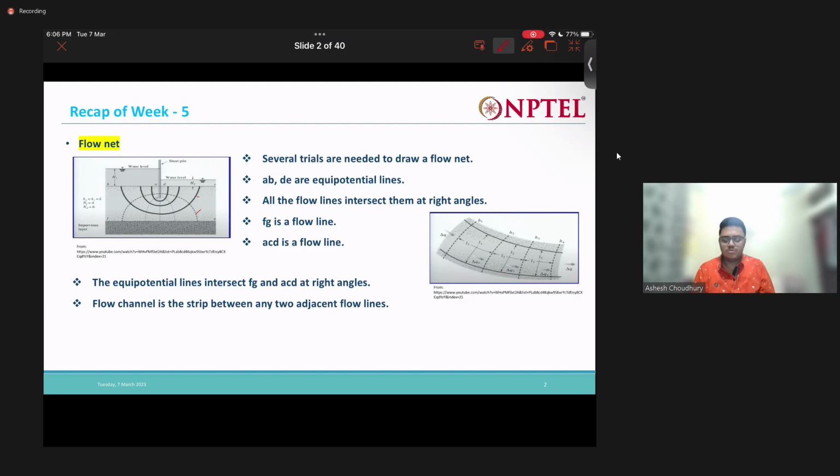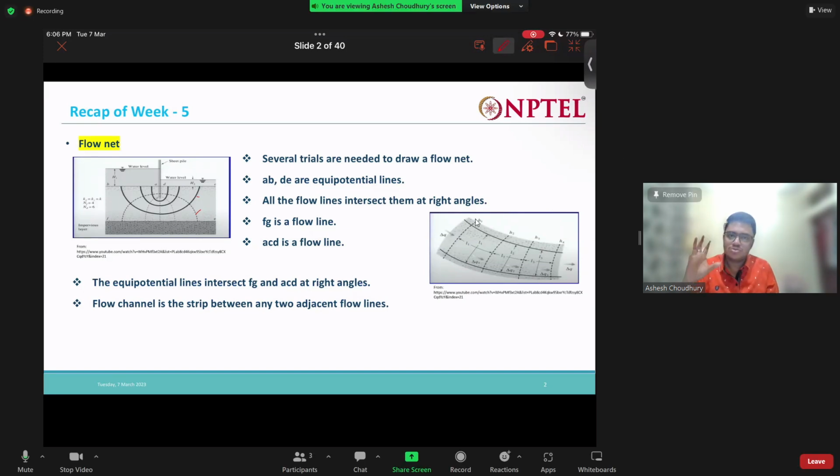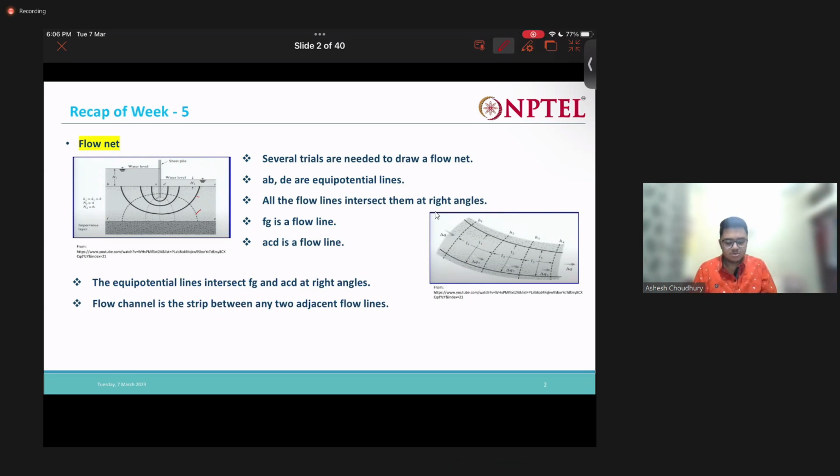One more important criterion is that the flow elements, that is the elements formed by the intersection of the flow lines and the equipotential lines, should be approximately equal to squares. So this dimension should be approximately equal to the other dimension.